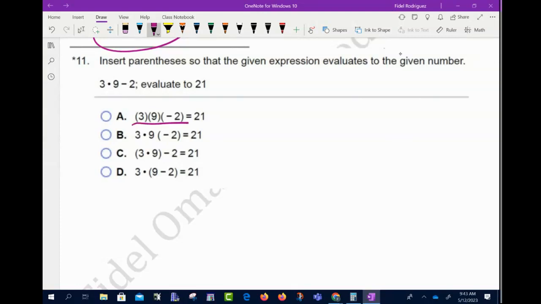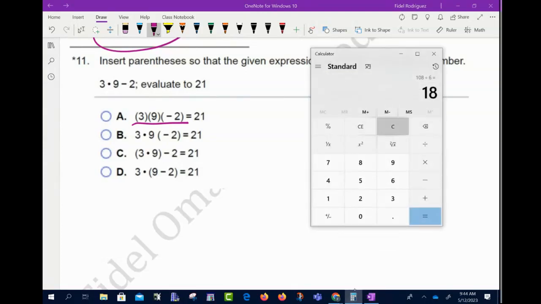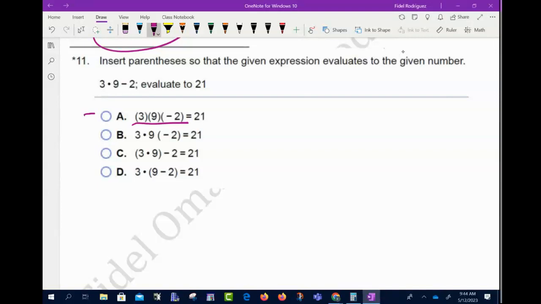If I look at this part right here, what am I doing with each of those numbers? If I were to say, what's 3 times 9? I'm not going to get a 21 out of there, right? Because now I'm going to have to multiply that by a negative 2, negative 54. Well, that's not my choice, right?